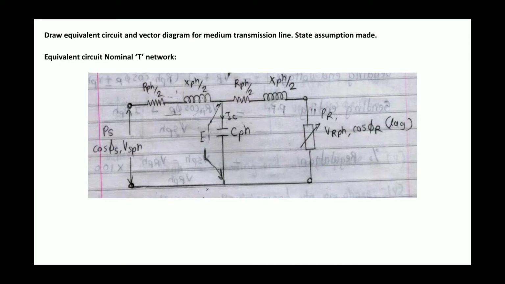In the medium transmission line, there are three methods. The first is the nominal T method, the second is the nominal pi method, and the last is the end condenser method. By using these, we calculate the efficiency of the transmission line.